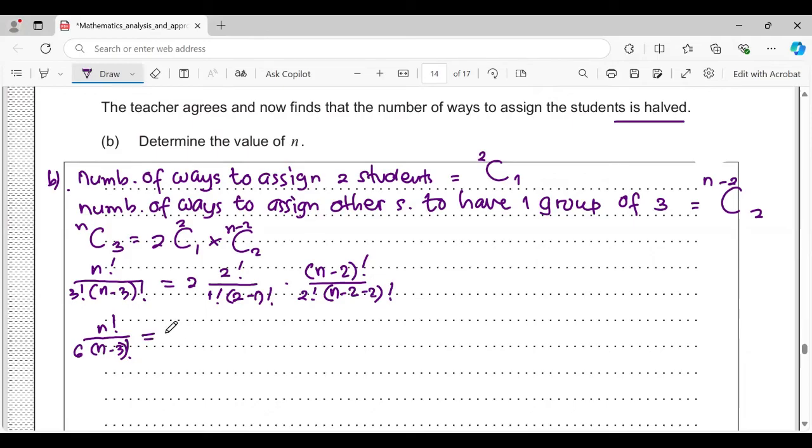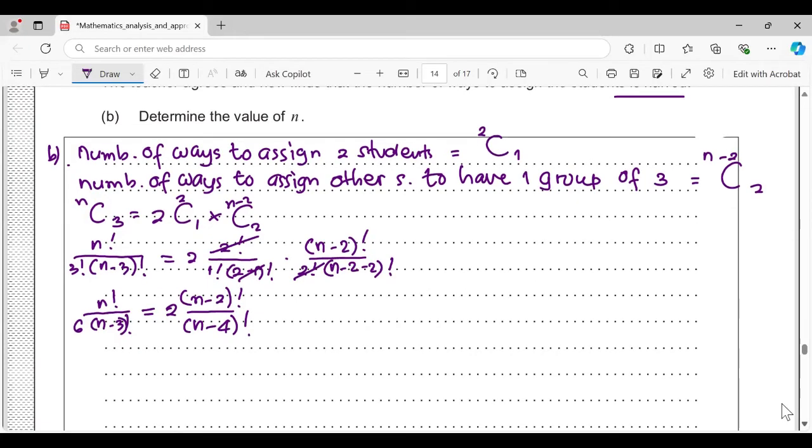It is 2 times, and this is 1, so 2 divided by 1 equals 2. And then it is n minus 2 factorial, and then n minus 4 factorial.